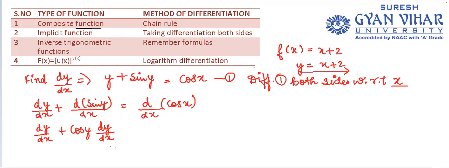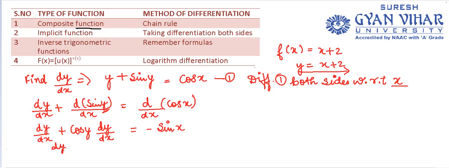The right side, cos x, differentiates to minus sin x. Here dx by dx is 1 only, so we write cos of y times dy by dx because it is in terms of y, not x.